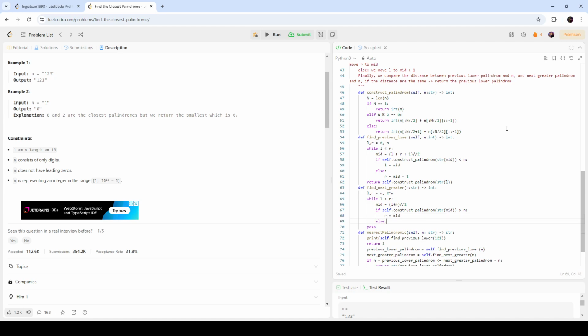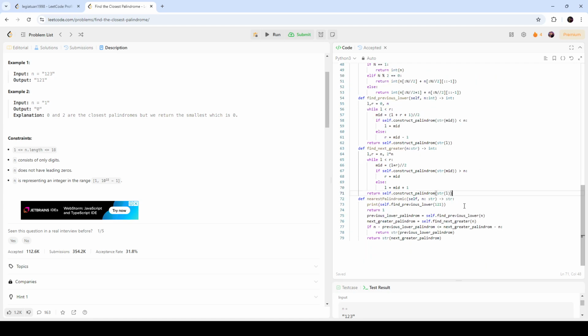Else, which is going to be l equal to mid plus 1. Basically, if the construct palindrome for the midpoint is actually smaller or equal to n, then we need to move our search space to the right to find a greater palindrome, a palindrome that's greater than n, right? And we just return self.construct palindrome string l, right?